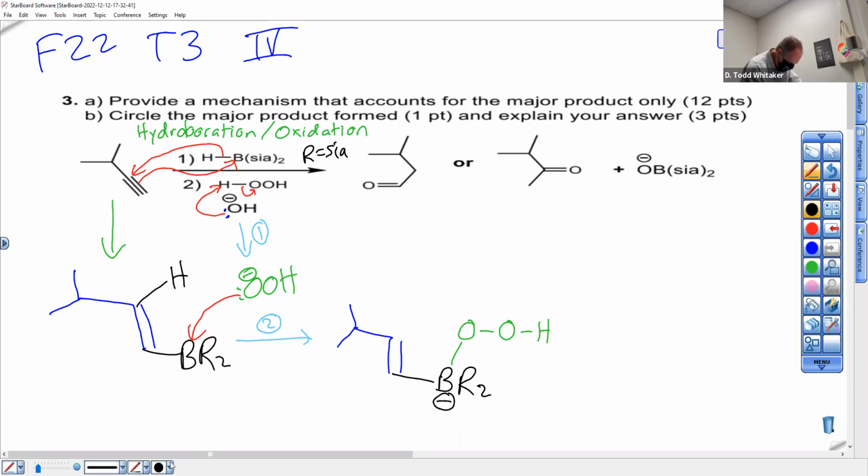Step 3 is the interesting one, where the O sees a way of getting away from being bonded to O, and we generate a more stable O minus instead of a B minus. It's got a lot going for it, this rearrangement step.